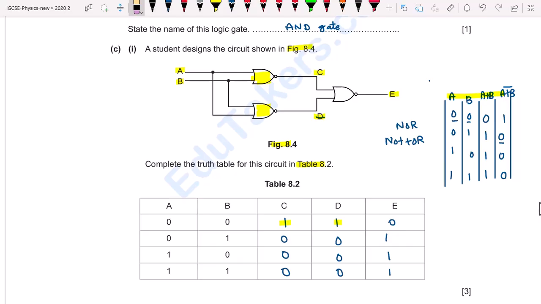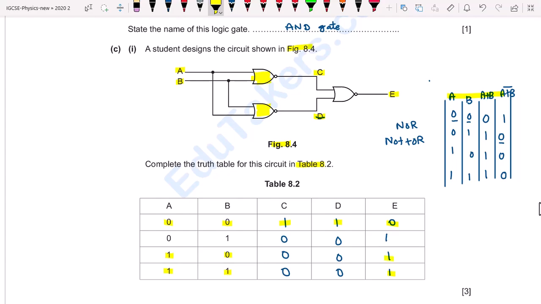In table 8.2, we can see that when inputs A and B are both 0, the output E is 0. When the inputs are 1 and 1, the output is 1. When the inputs are 1 and 0, the output is also equal to 1.